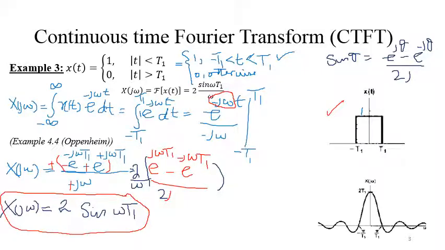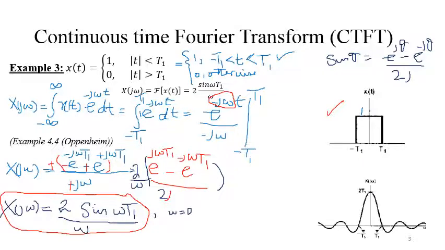I hope you have noted this. So if I write something like sine of omega t1 over omega, if omega is 0, because we need to find the spectrum of it, and spectrum is the graph of frequency versus the magnitude, right?